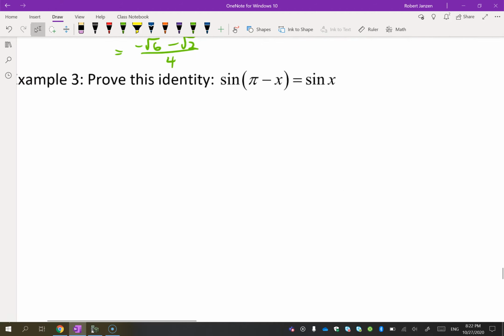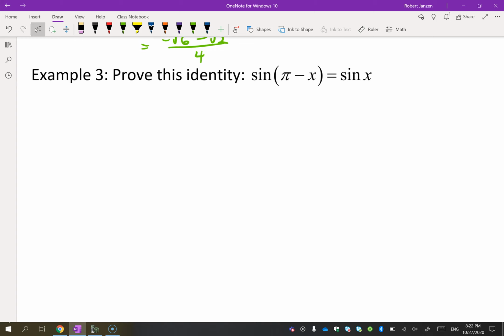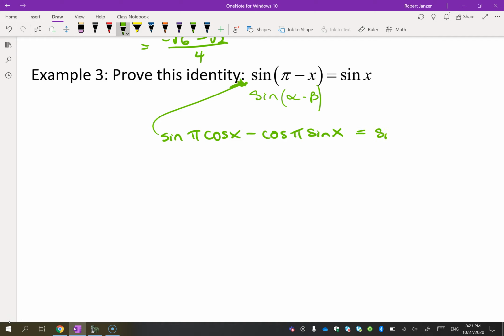Okay, so here we're going to prove an identity using, if you recognize this, this is sine alpha minus beta. So let's expand that. So this is sine alpha cos beta minus cos alpha sine beta. Okay, that comes from that. Does that equal sine of x? Well, we can simplify, because you know what sine of pi is.